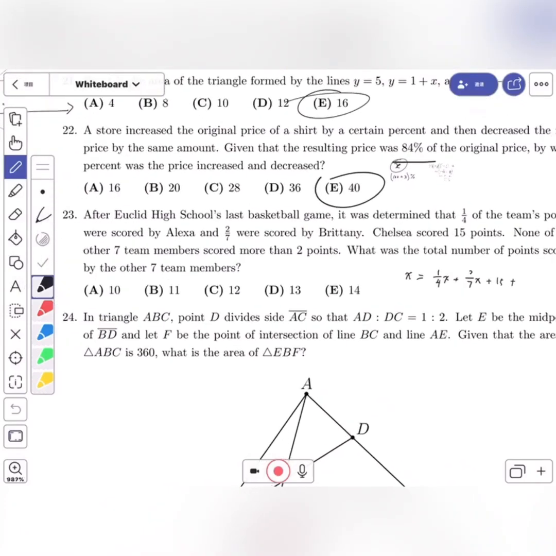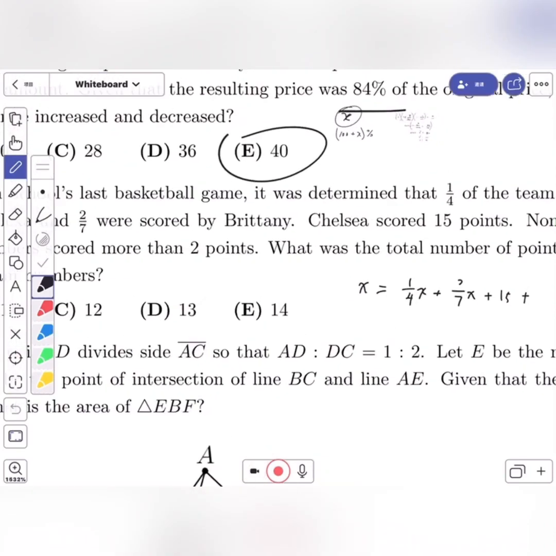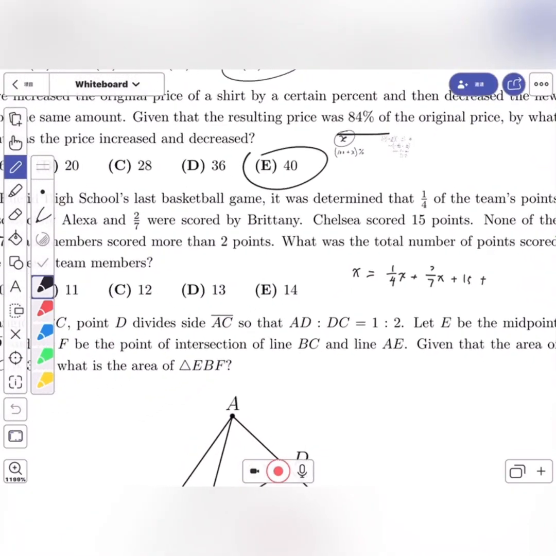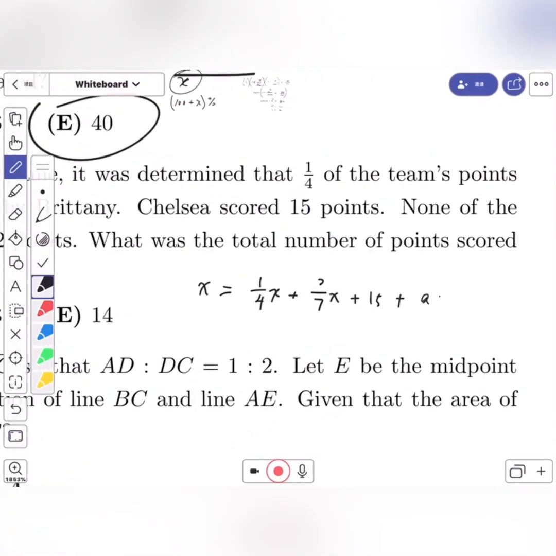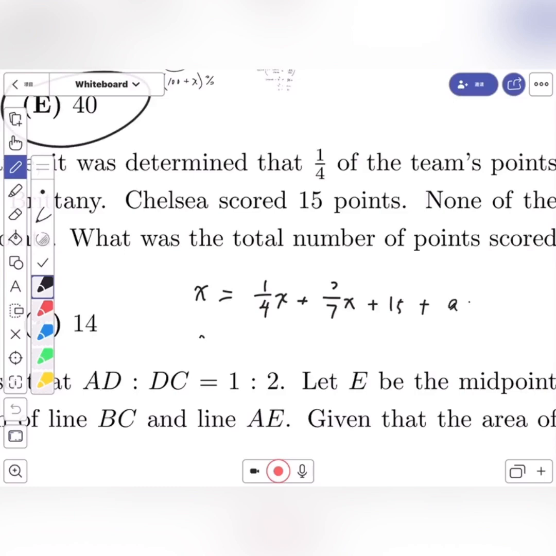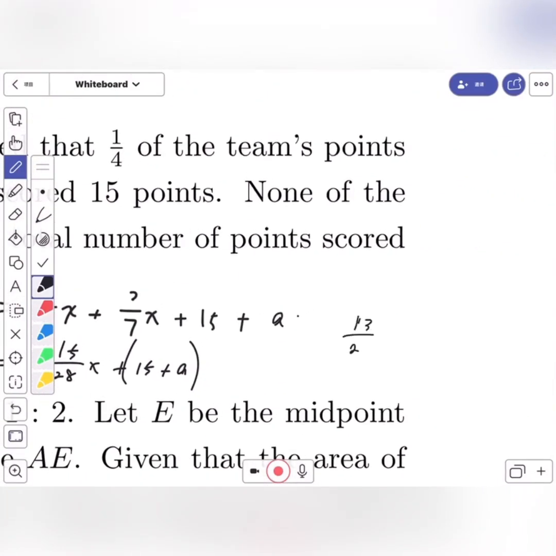Now, none of the other 7 team members scored more than 2 points. Well, let's set this to be some kind of number, a. So x is equal to 1/4 plus 2/7, what is that? Well, that is equal to 15 over 28 x plus 15 plus a. So we have 13 over 28 x is equal to 15 plus a.